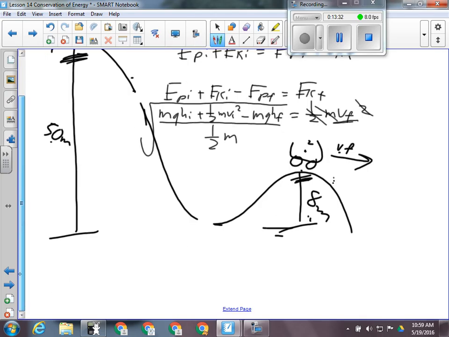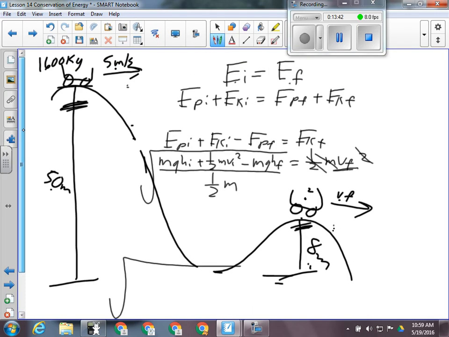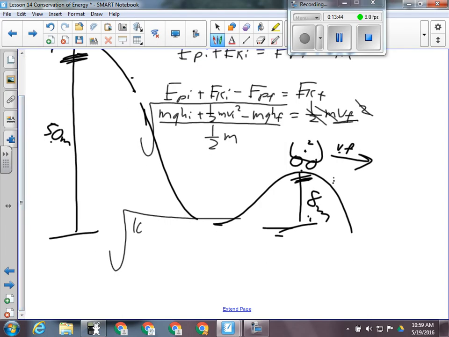So when I punch all of my numbers in, I'm going to have the square root of, what was it, 1,600 kilograms, times 9.81 times 50.